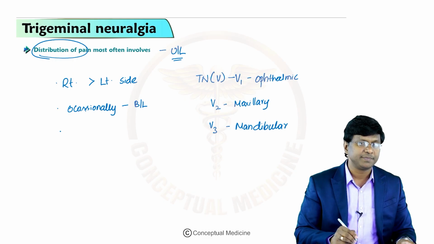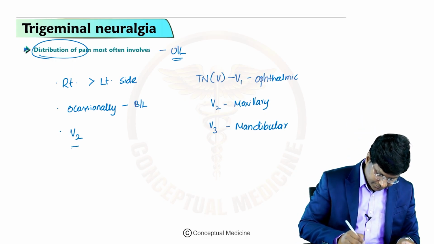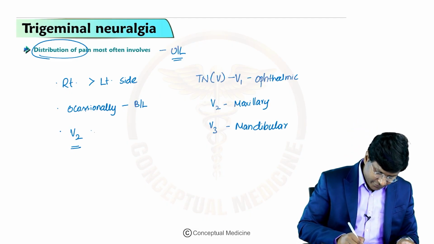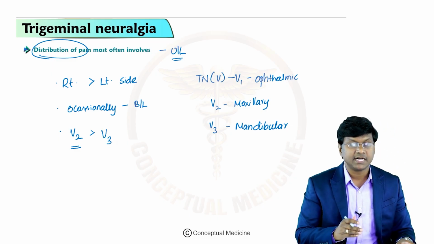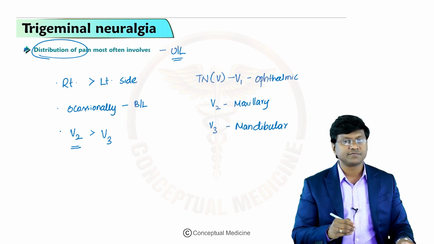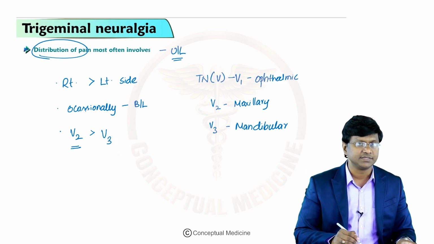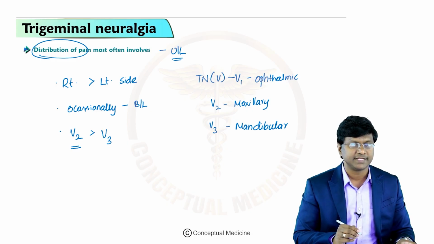The distribution of the pain most often involves 5-2, followed by 5-3. Distribution of pain most often involves 5-2 or 5-3 subdivisions of the trigeminal nerve. So this will be the distribution of the pain in case of trigeminal neuralgia.